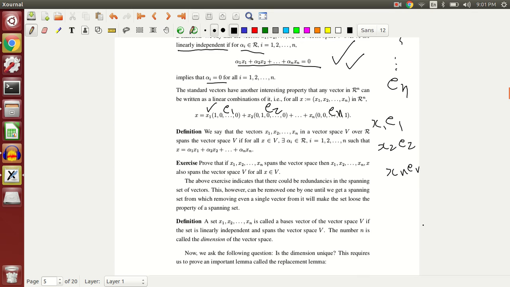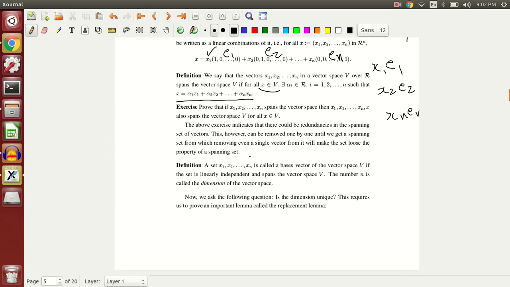Assume that x1, x2, ..., xn in a vector space V over R span the vector space V if for all x belonging to V, there exist alpha i belonging to R, where i takes the value from 1 to n, such that x is just a linear combination of all scalar alphas with the corresponding xi. Now, let's move to the exercise.